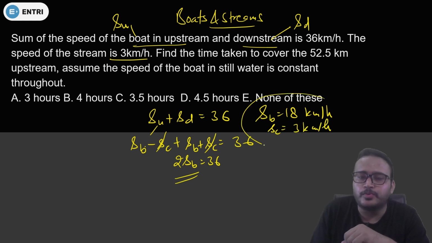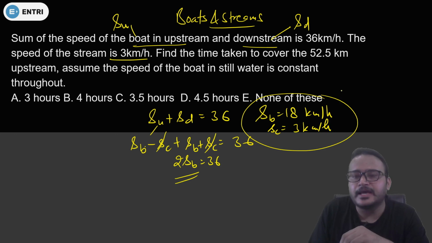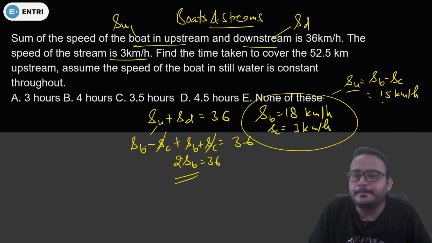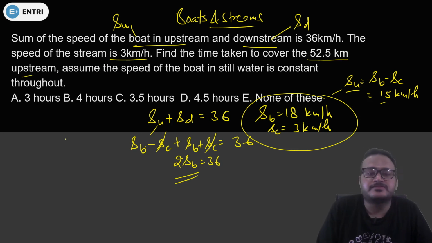So guys, we have both of the speeds, and we can easily determine the upstream speed, which is speed of boat minus speed of current, which is 18 minus 3, that means 15 km/h. In the same way, you can find the downstream speed. Okay, so upstream speed we have, and we need to find the time taken to cover 52.5 km upstream.